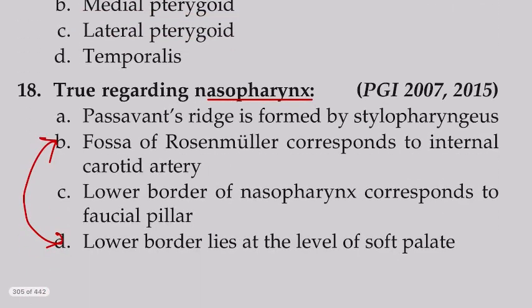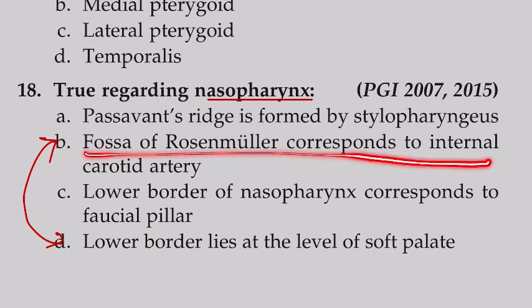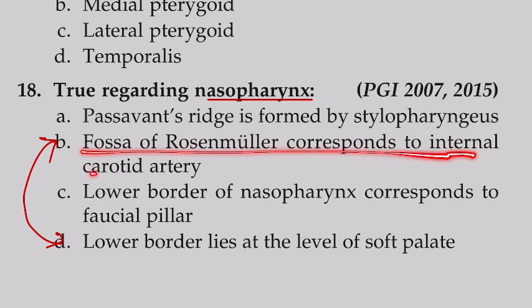Which is true regarding the nasopharynx? Passavant ridge is formed by stylopharyngeus, and the fossa of Rosenmüller corresponds to the internal carotid artery. This is the true statement: the fossa of Rosenmüller corresponds to the internal carotid artery.